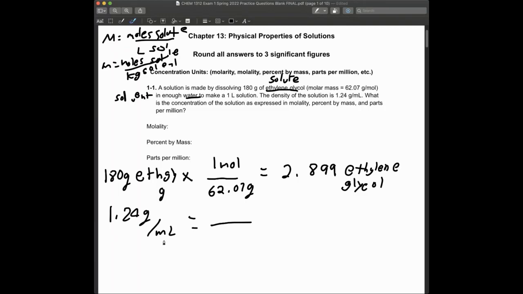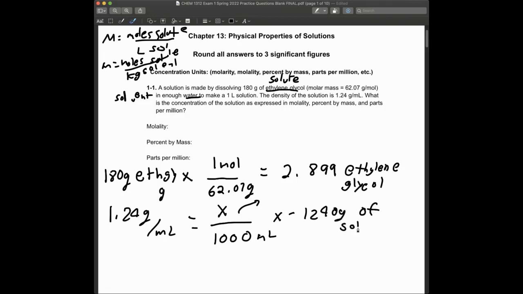But we want equal units, and because the density is in mL, we want mL. So 1 liter turns into 1,000 mL. When we solve for x, we get x is 1240 grams of solution.